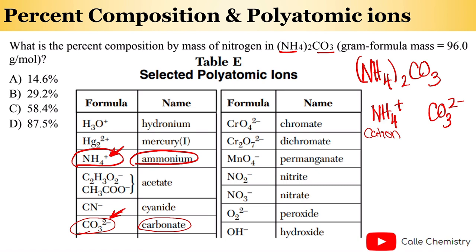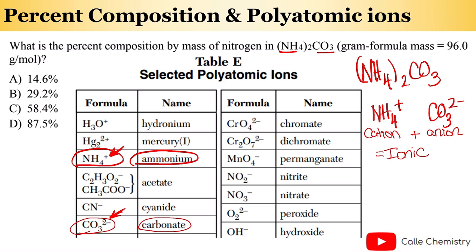And we know that an ion that is negatively charged is an anion. A cation plus an anion gives us an ionic compound. So cation plus anion equals ionic. So we can say that this has ionic bonds.